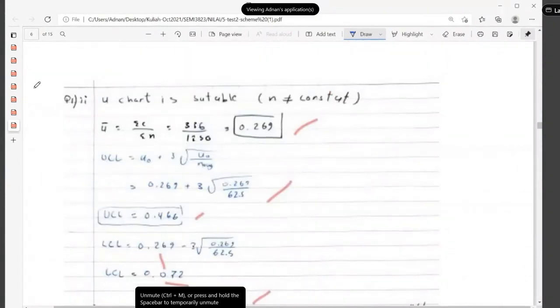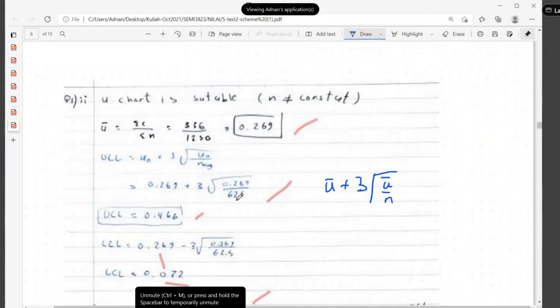So we use this formula: U bar plus 3 square root of U bar divided by n.